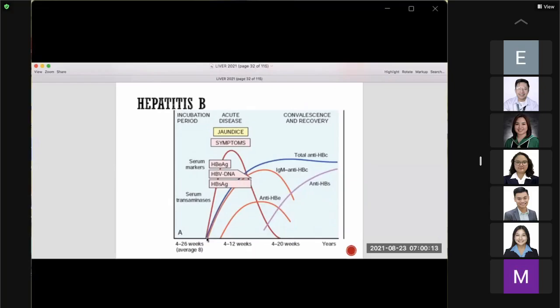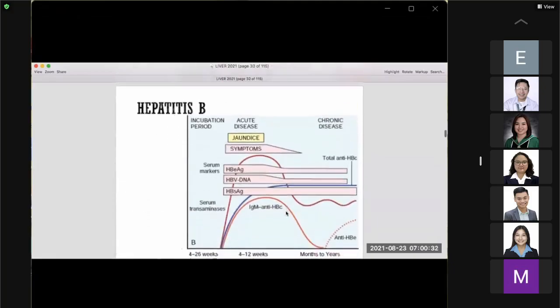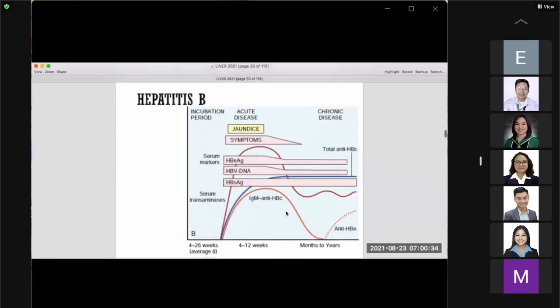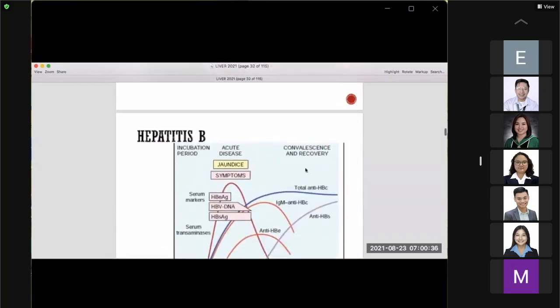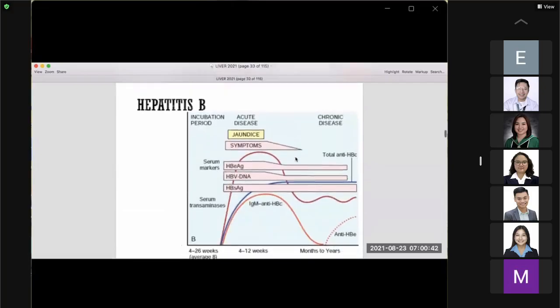So we have, of course, the IgM anti-HBc, which we can detect early on. We have the anti-HBe and anti-HBs antibodies. Okay, so there are instances that the patient does not completely recover from hepatitis B infection. So what happens there?